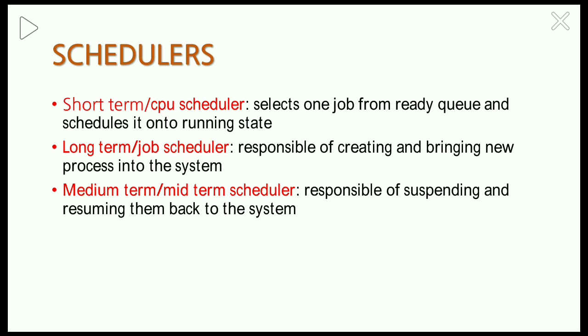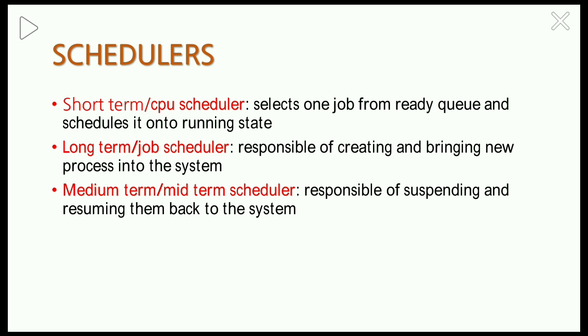Similarly, the preemptive scheduling algorithm is like that. In the case of the non-preemptive scheduling algorithm, it is going to execute a process completely. So these are the two types of scheduling algorithms. We are going to learn about non-preemptive and preemptive in brief in the upcoming videos.